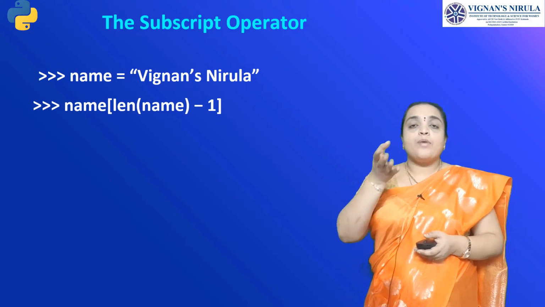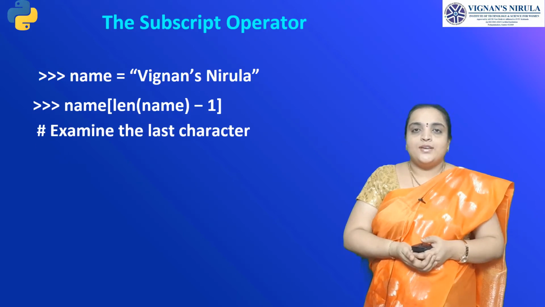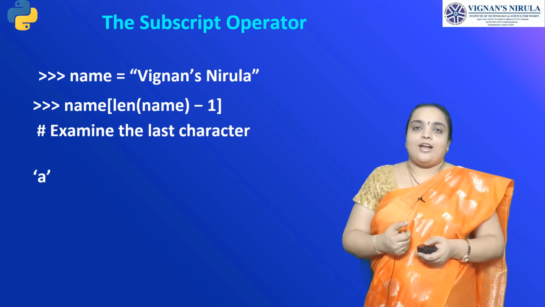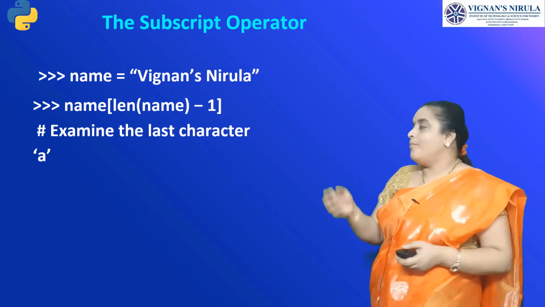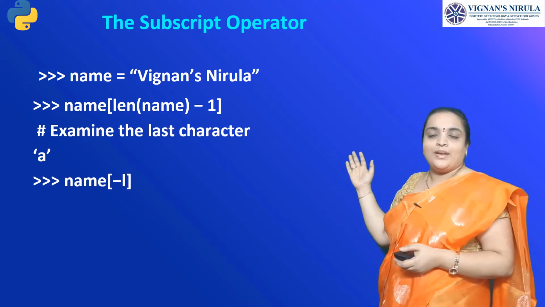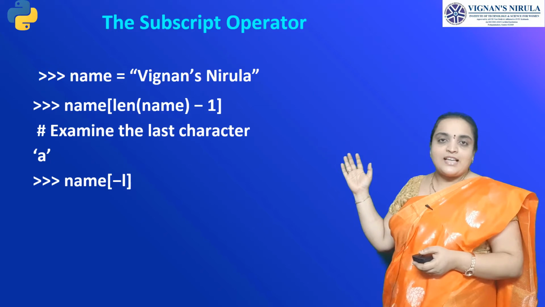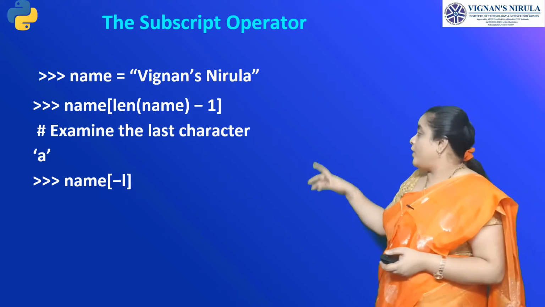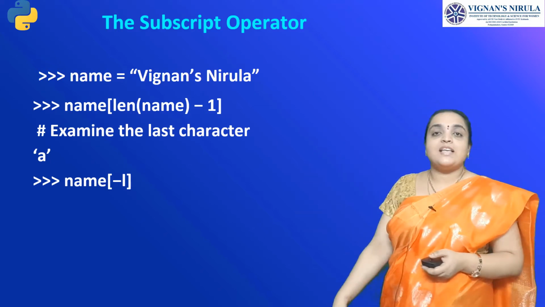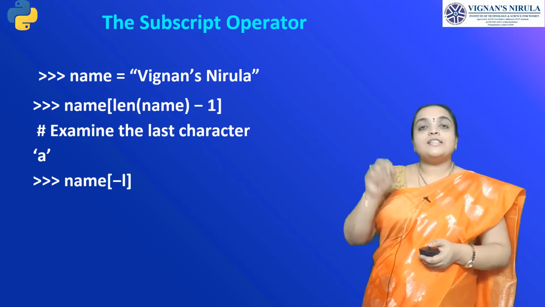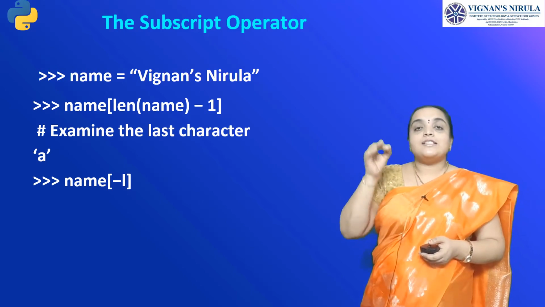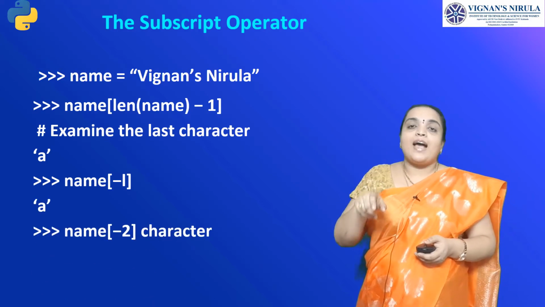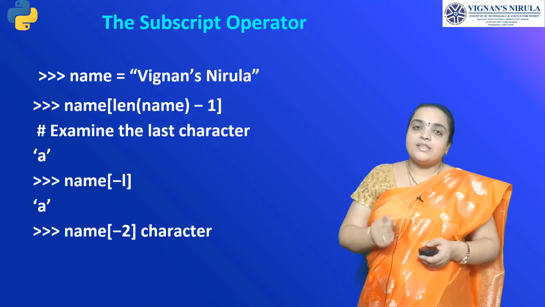Then take the same string, do some more. Then name[len(name)-1]. What do you get? The last character value, that is A. Is that clear? Then talking about name[-1]. As I already told you, how do you extract the last character? The last character index can be specified as -1. So what is the value?